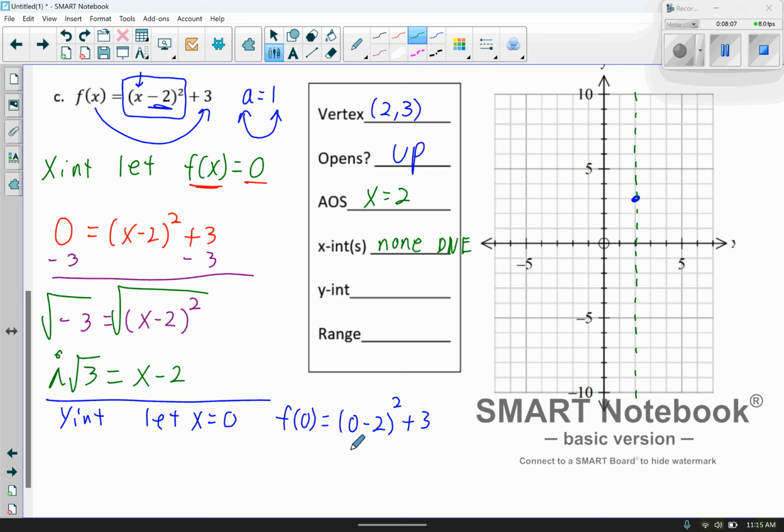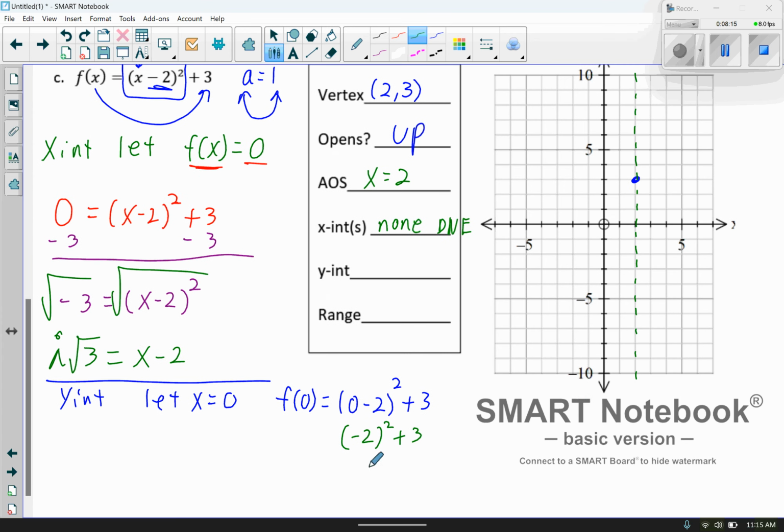So 0 minus 2, that's going to be negative 2, but then I need to square that. And when I square that, I end up getting a positive 4 plus 3. Well, 4 plus 3 is 7. So I'm going to hit the y-axis right up here at 7. And so that would be at 0, 7 right there.